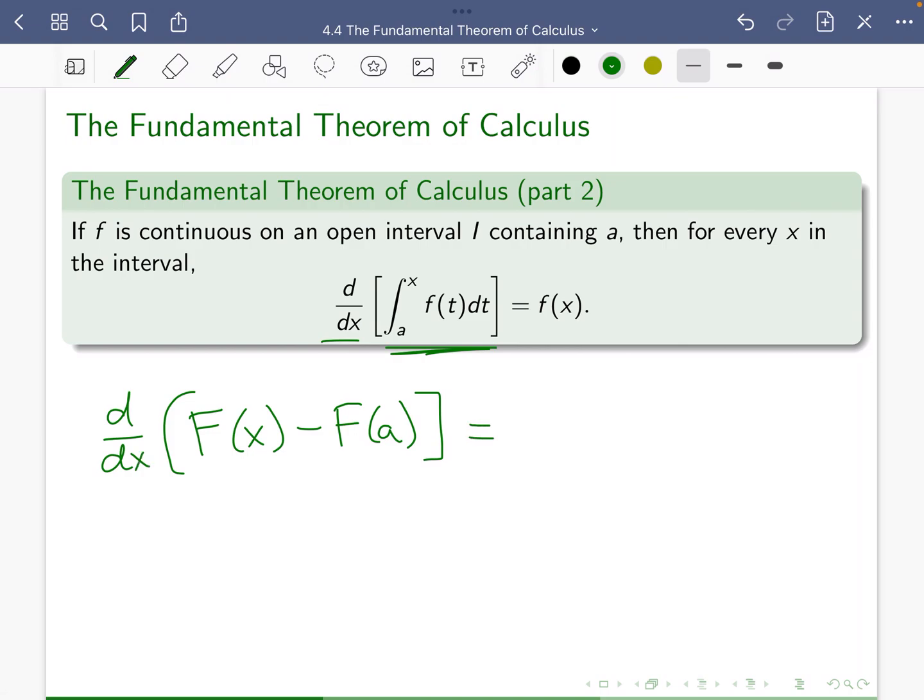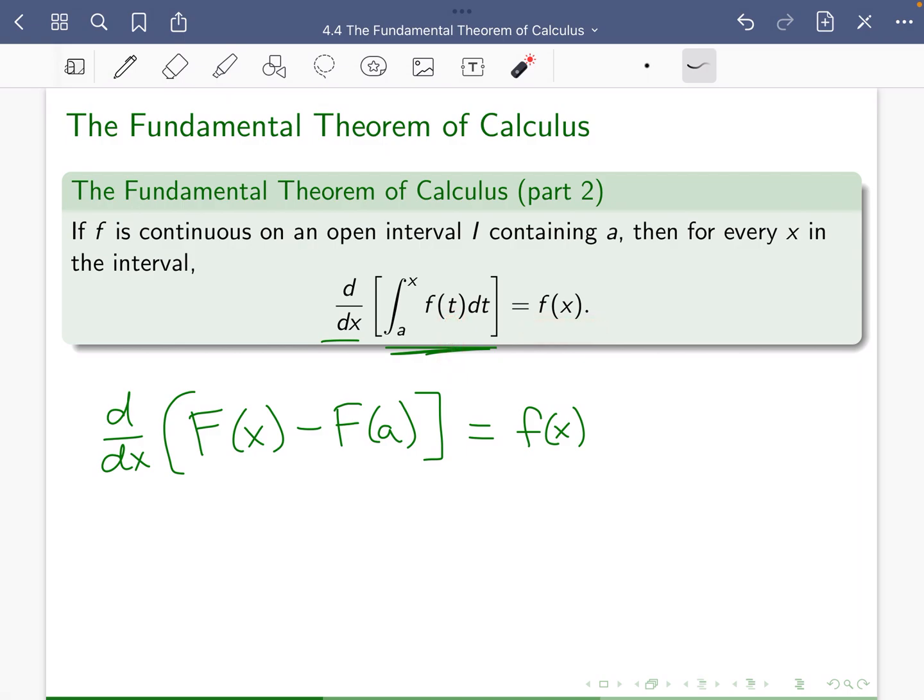The derivative of capital F of x is little f of x. And F of a is just a constant, so that's going to go away when we take the derivative. So we just get f of x itself. Now, what this looks like happened is that we just replaced the t with x. That's kind of fancy.